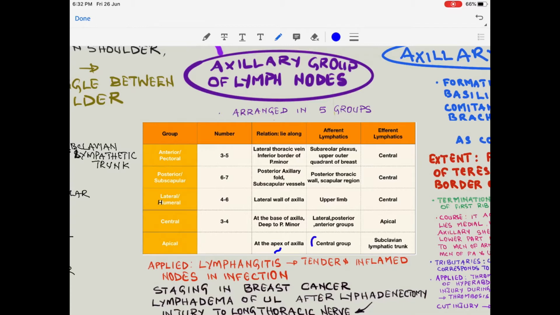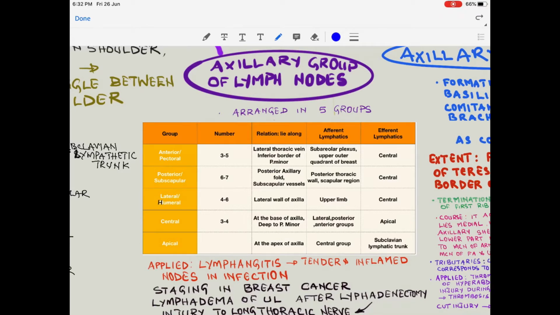The afferents are coming from the central group of nodes, which in turn includes the afferents from the anterior, posterior and lateral group. Now the efferents are forming the subclavian lymphatic trunk. So that is about the different groups of axillary lymph nodes.